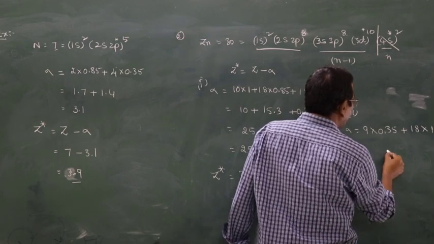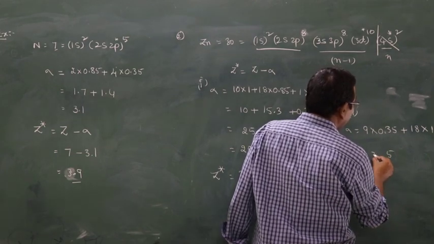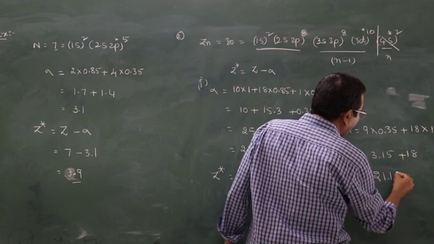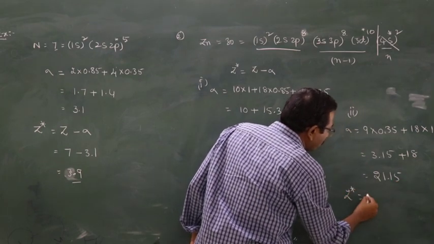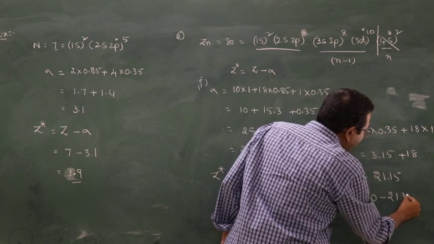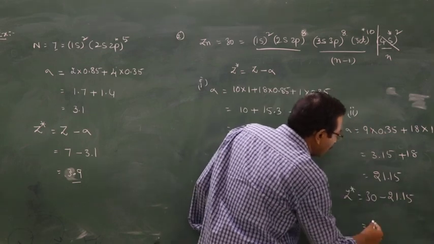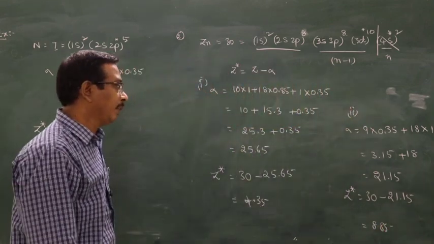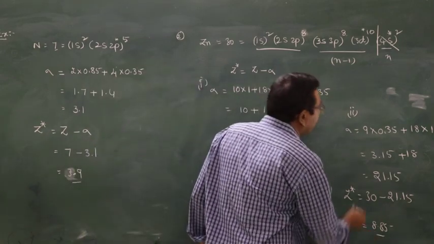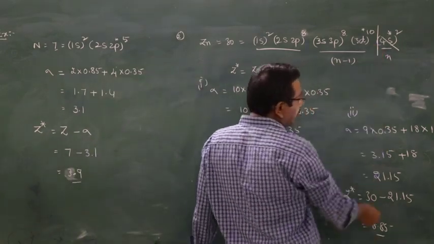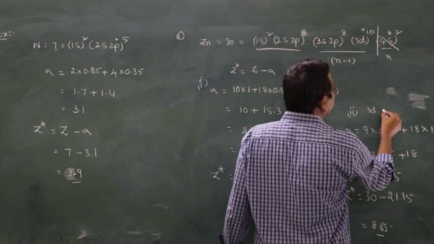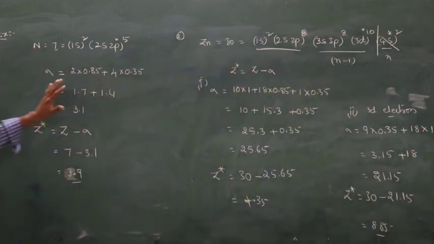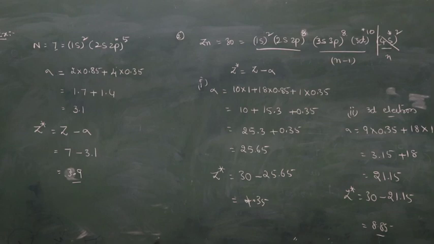That is equal to 3.15 plus 18, that is equal to 21.15. Therefore, Z star is equal to 30 minus 21.15, that is equal to 8.85. That is the effective nuclear charge on the electron present in the 3D group. This is about the examples of the calculation of the Slater constant.